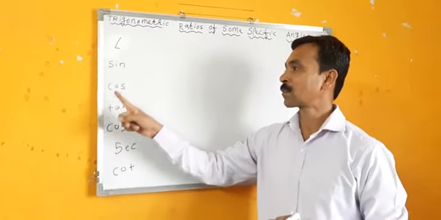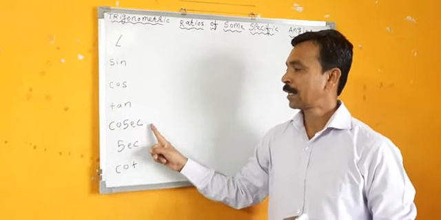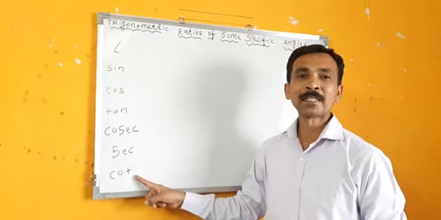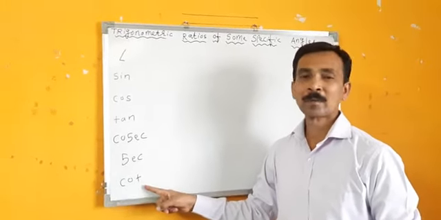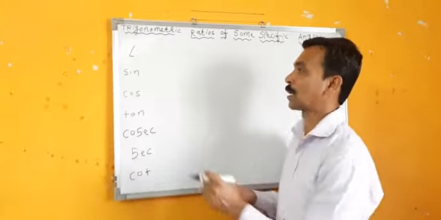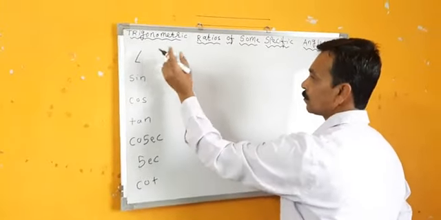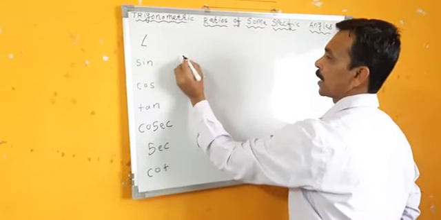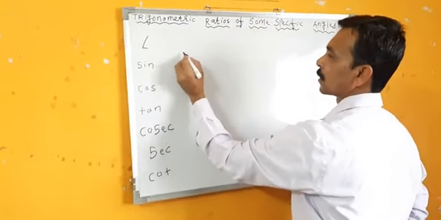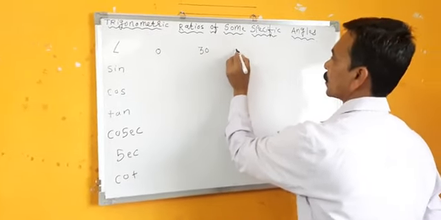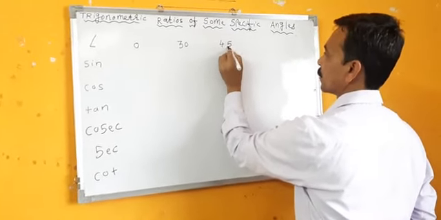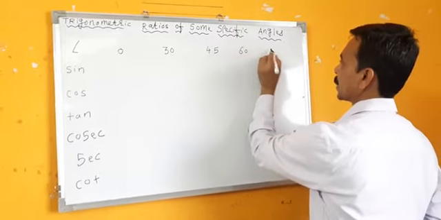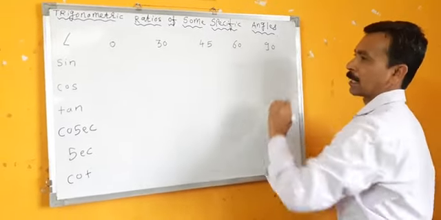Once you get the values of sine, cos and tan, it is very easy to find cosec, sec and cot, because we have to take the reciprocal. Now, which values do we have to find? 0, then 30, then 45, 60 and 90.